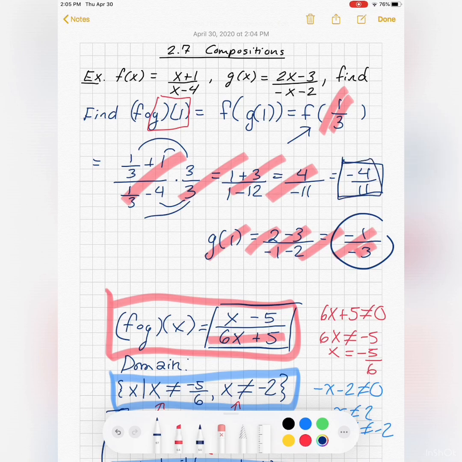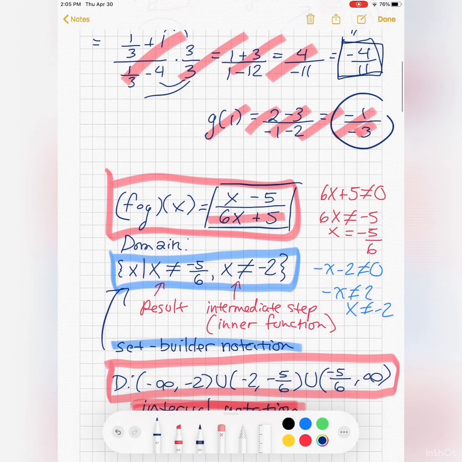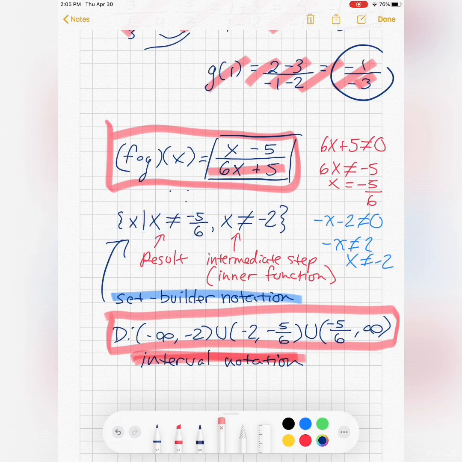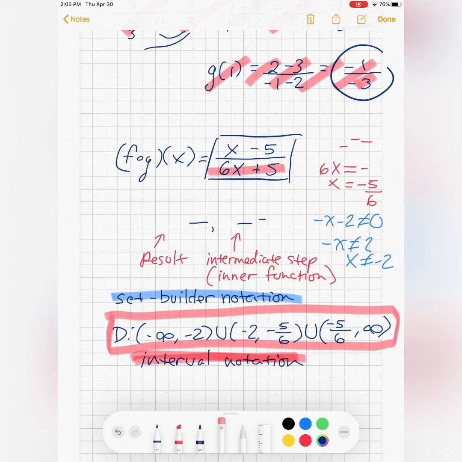So this is my f of g of 1, which is what I wanted. But here's my other idea. So you see how down here, we actually found the f of g of x function? Maybe I should clean this up as well.